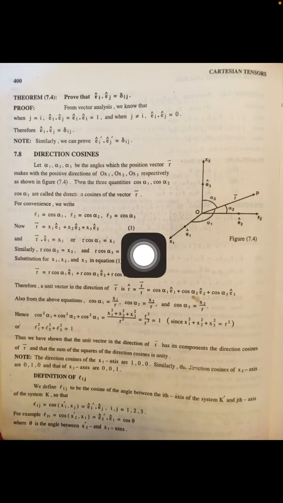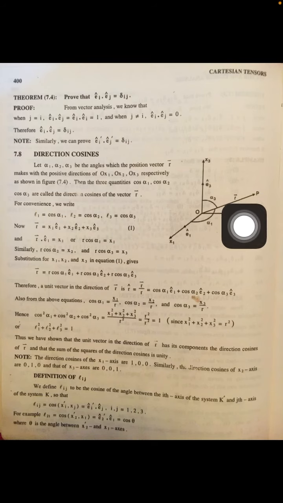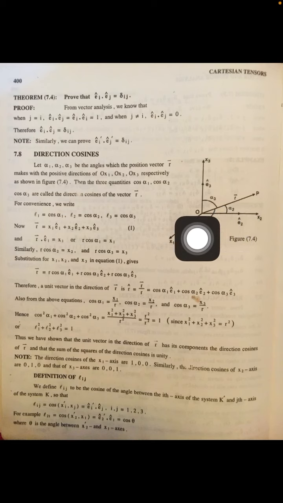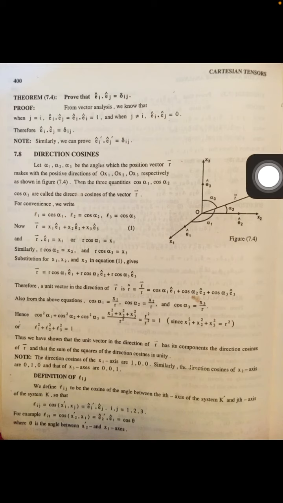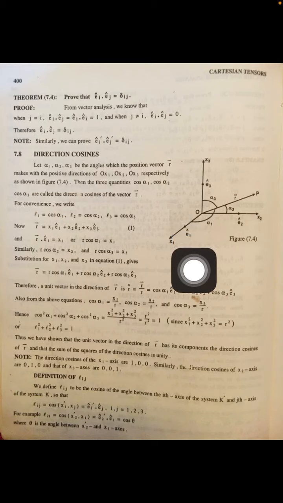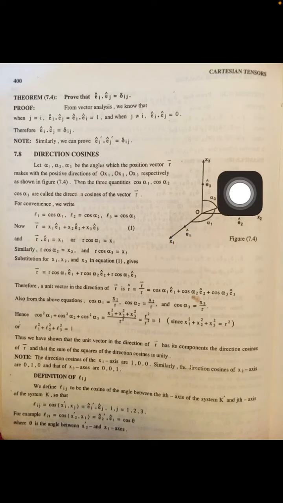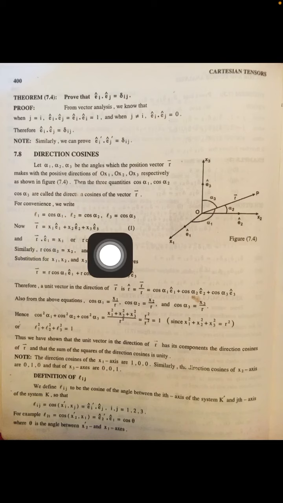If I generally write the position vector r, then r in the basic rectangular coordinate system is equal to xi plus yj plus zk. But here in place of x I am putting x1, in place of y I am taking x2, and in place of z I am taking x3, and in place of the i, j, k unit vectors I have e1, e2 and e3. So I can write the position vector like this.